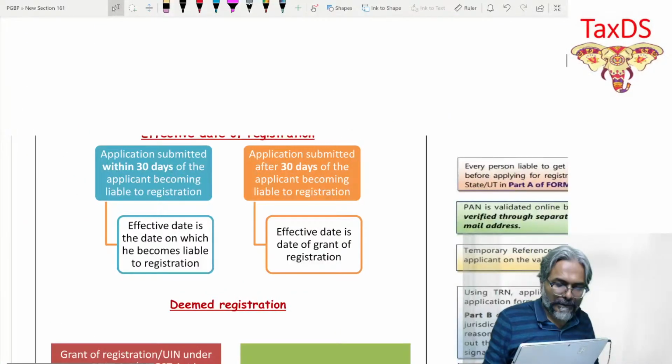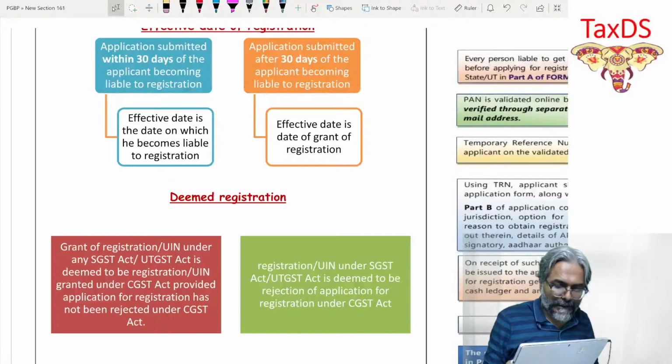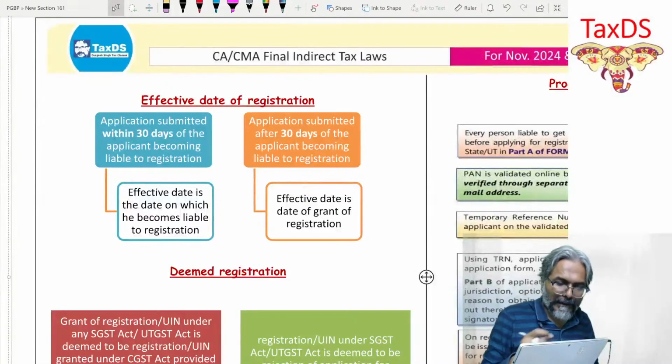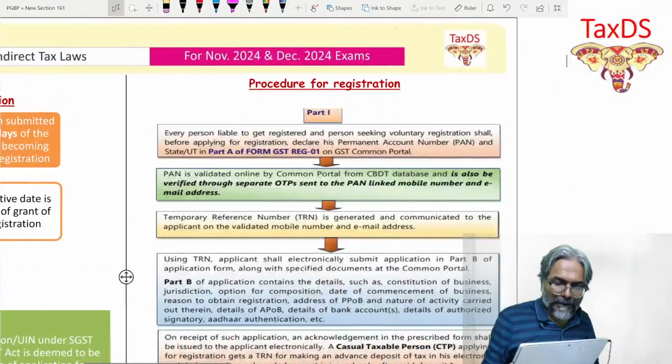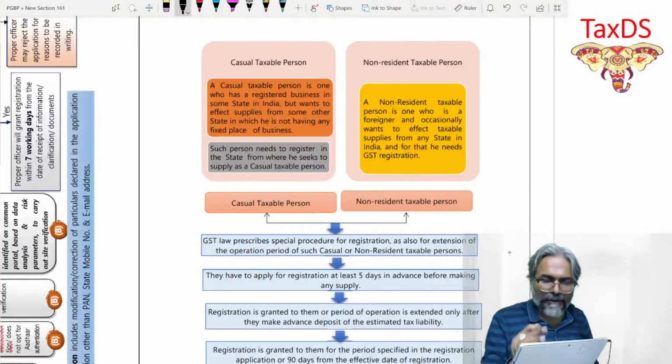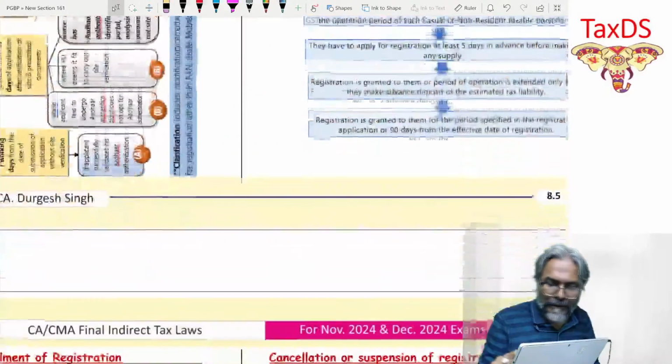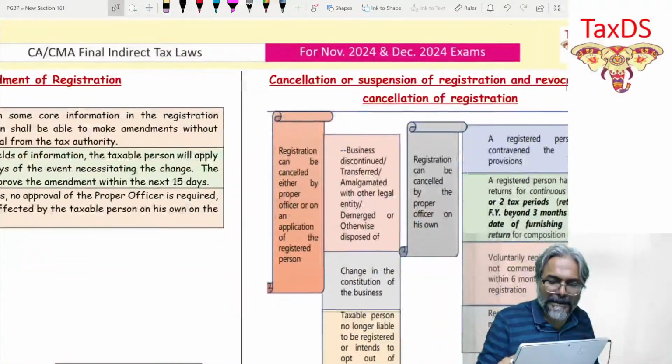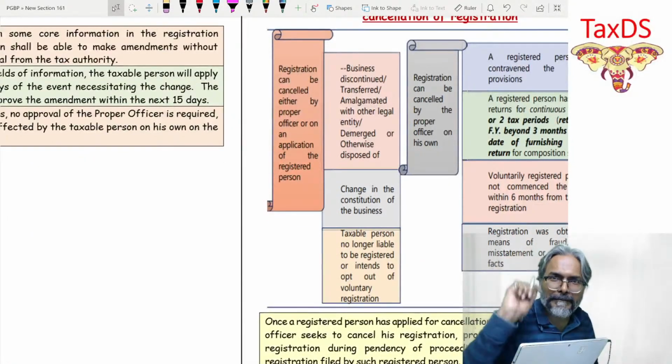Effective date of registration, students, I have also discussed with all of you now. Procedure of registration and all the remaining points in this context, students. Procedure of registration, read it at your end. It will not require my intervention.